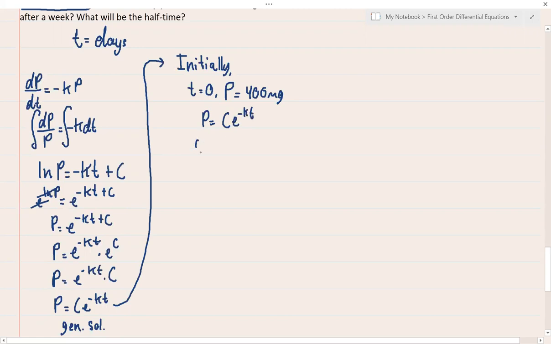Ang mangyari dyan, we will have 400 milligrams is equal to C e raised to negative k times t, which is 0. So, negative k times 0, magiging 0 pa rin siya. And anything raised to 0 is equal to 1. Okay? So, C times 1 is C. Therefore, your C is 400.